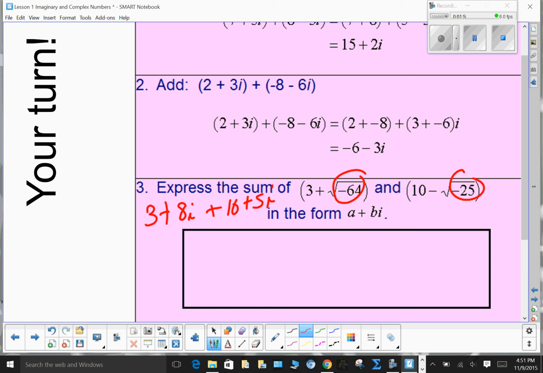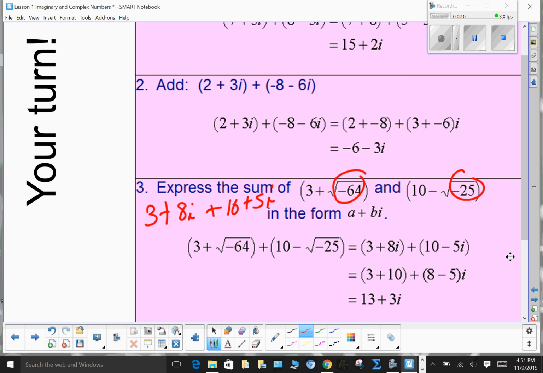Simplify the radicals first. Put it in a plus bi form, the real portion plus the imaginary portion. And then add the reals, add the imaginaries. You get 13 plus 3i. Oops, it should have been a minus there. Sorry about that. That's a minus.